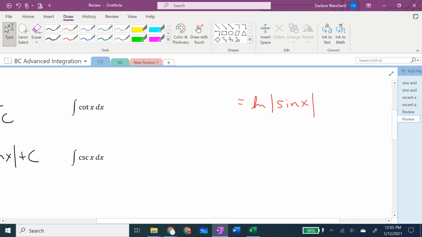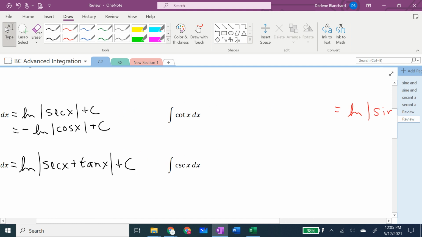But you might keep in mind, if you want to do things a certain way with memorizing, cotangent could be the natural log of the absolute value of sine, but it could also be negative the natural log of cosecant. And that just depends on how you're going to process better the memorization.